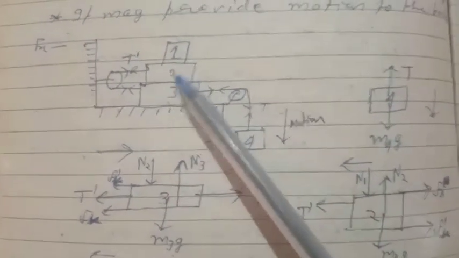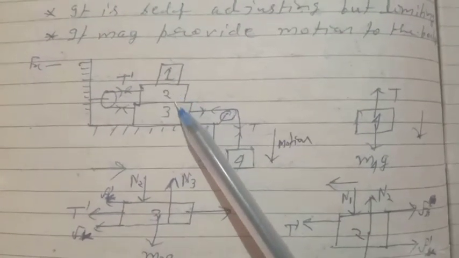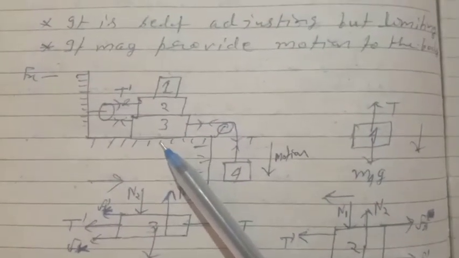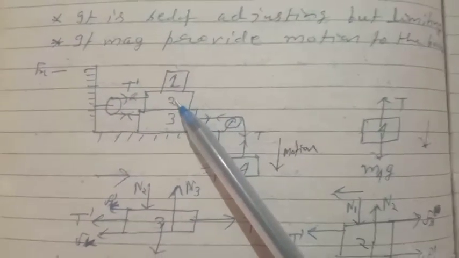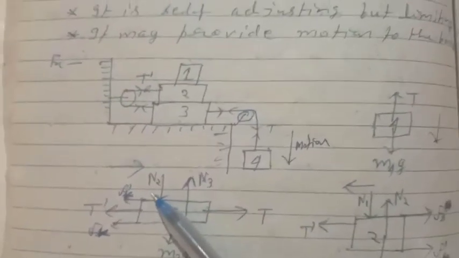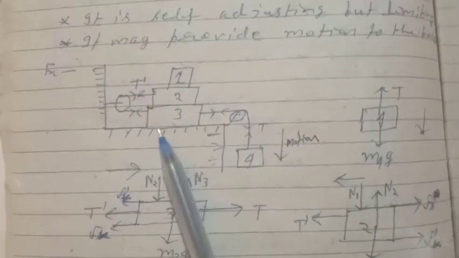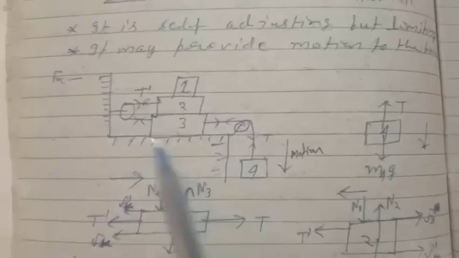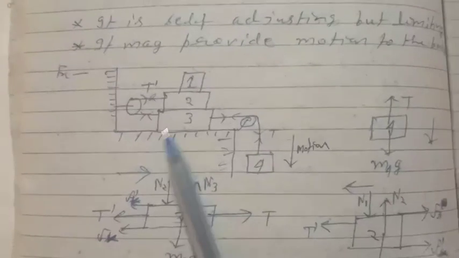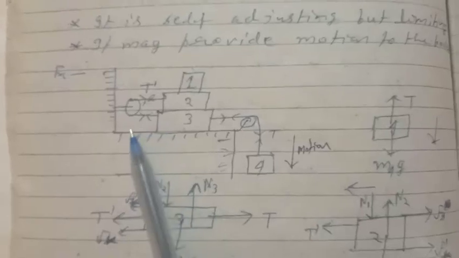And again, because this surface is also in contact with the second body, the second body also applies a normal force perpendicular to the plane. So this body will apply a force in this direction, represented by N2. And now there will be a friction force. If the body is moving, then there will be a frictional force on this surface, because the body is moving in this direction, so the friction force on this surface will be in this direction.